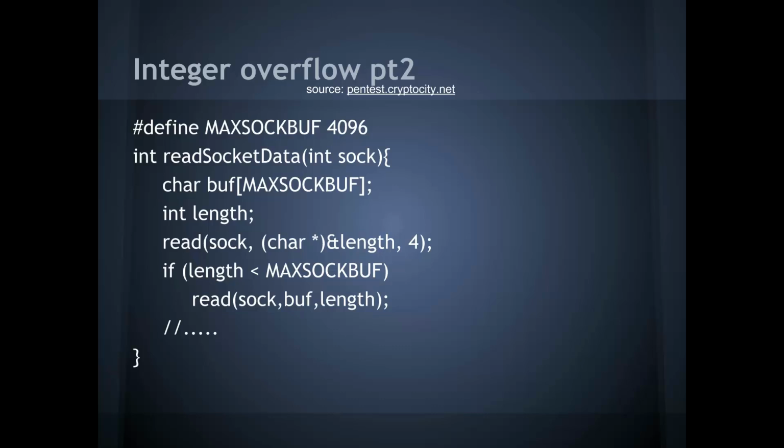So the error here is that we're taking an integer, which by default is signed, and comparing it to a pound define, max stock buff. By default, pound defines are also signed, so we're comparing signed versus signed.